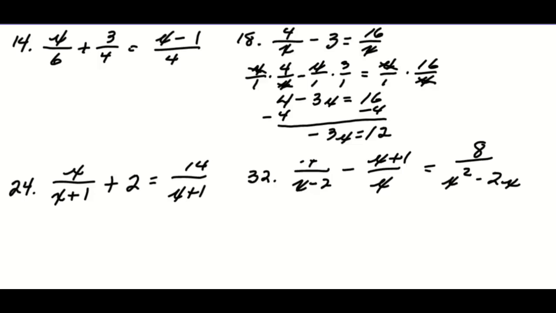Now what I have to do is take negative 3x and divide by negative 3, and I also have to take 12 and divide by negative 3. And so what I get is x equals negative 4. And that happens to be the solution to our problem.